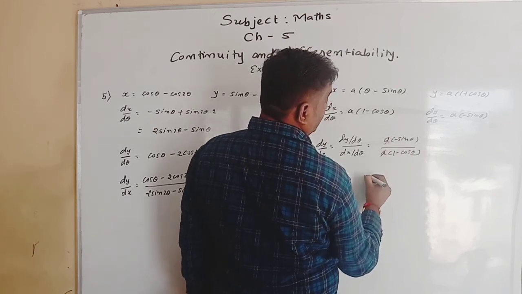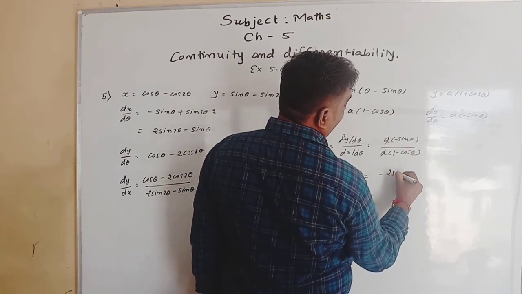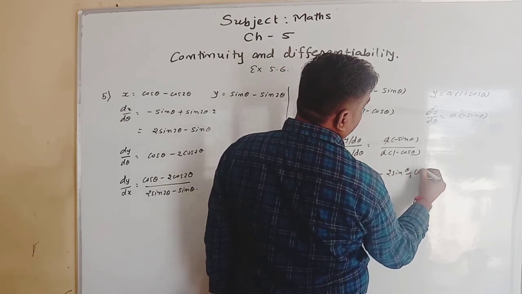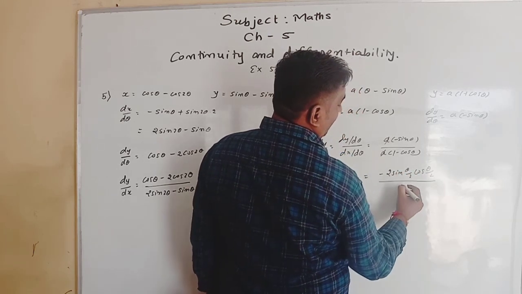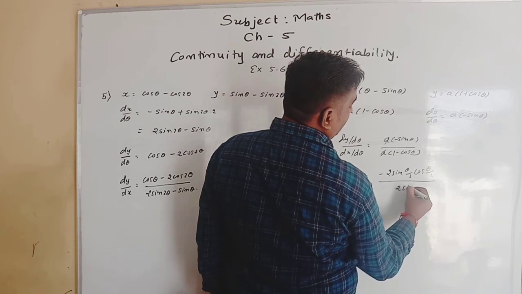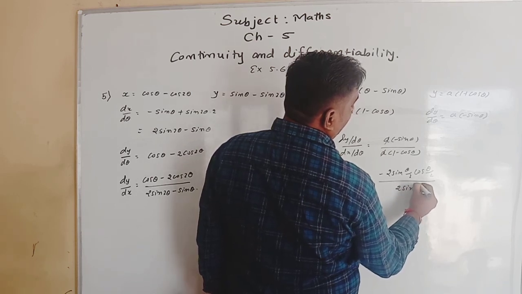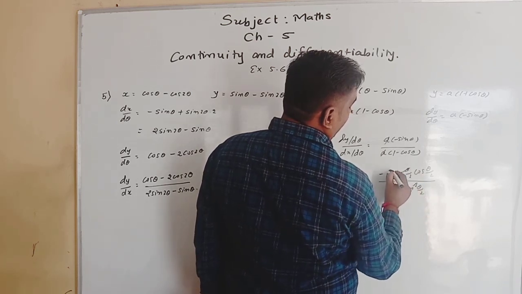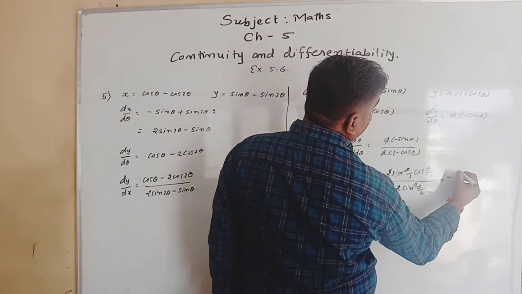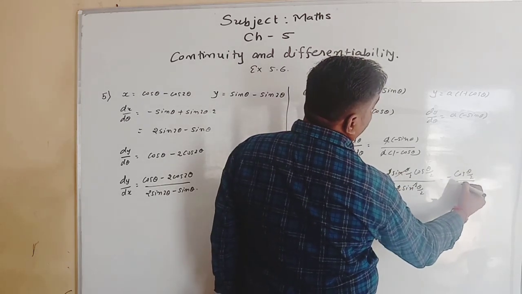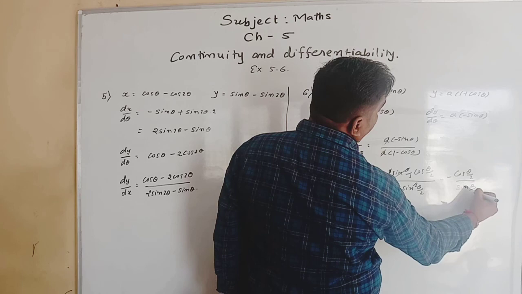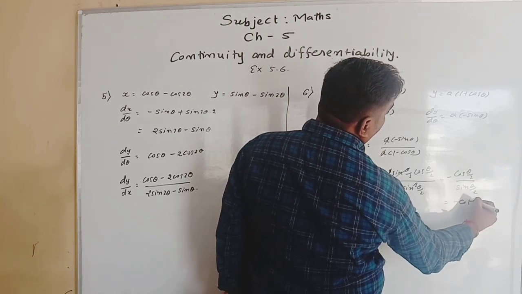So a cancel, minus sin theta we can write 2 sin theta by 2 cos theta by 2, and 1 minus cos theta we can write 2 sin square theta by 2. So here 1 sin theta by 2 cancel, 2 cancel, then minus cos theta by 2 upon sin theta by 2, which gives us minus cot theta by 2.